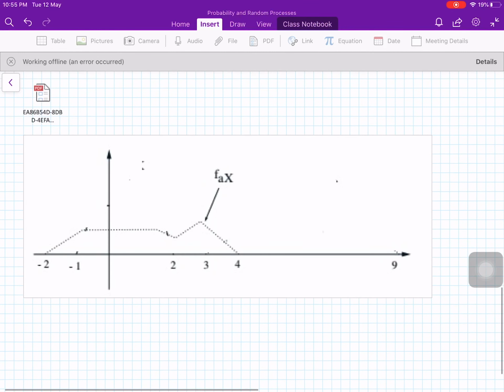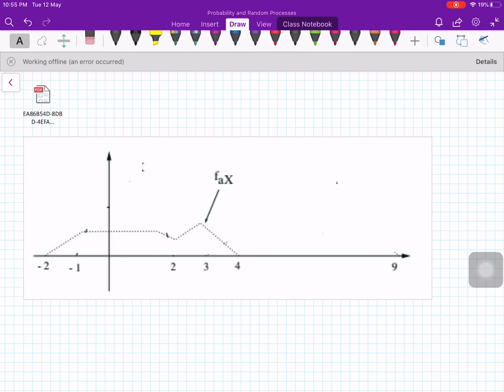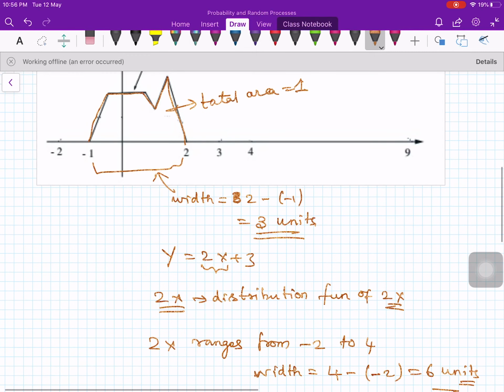Now look at here. The random variable ranges from -2 to 4, so the width is upper value minus lower value, therefore 6 units. And here it is 3 units.